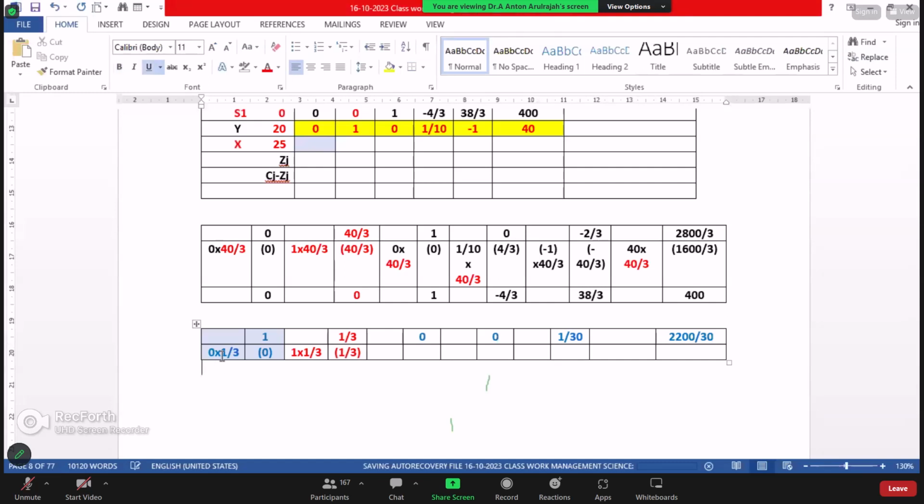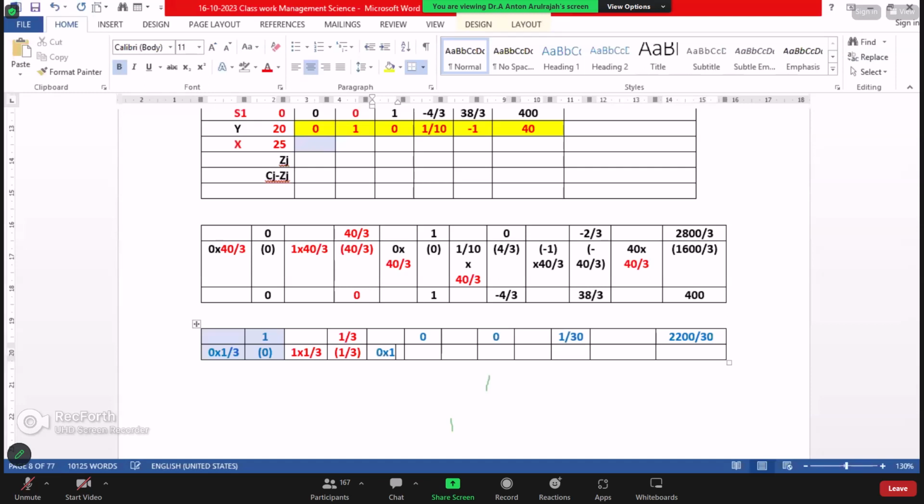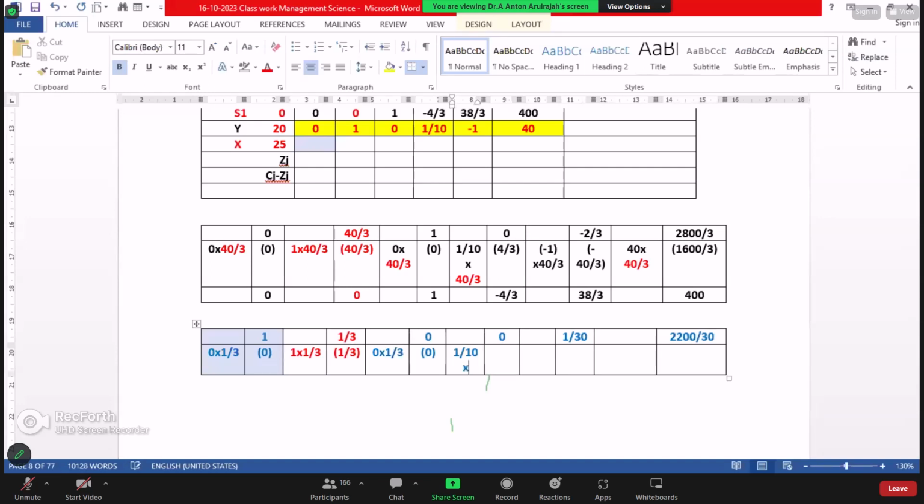Then 0 multiplied by 1 by 3 is 0. Then 1 by 10 has to multiply by 1 by 3. That is 1 by 10 multiplied by 3, this is 1 by 30.